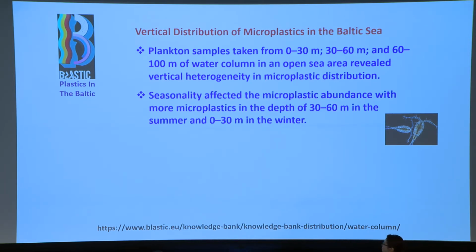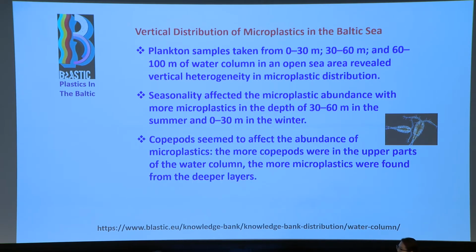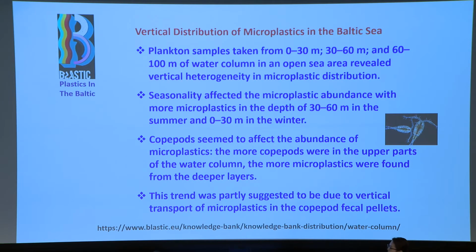Depending upon the season, in the summer, the plankton were higher in the surface waters, so the microplastics were higher in the mid-water column, and vice versa in the winter. So copepods seem to have affected the microplastic distribution. And this tends to be because the microplastics were consumed by the copepods and go down with their fecal pellets.